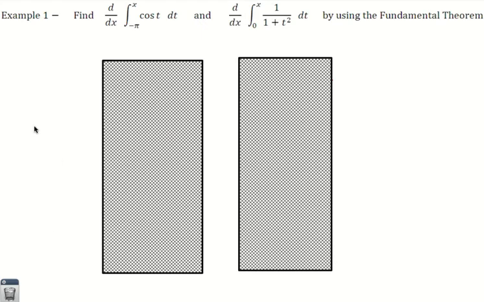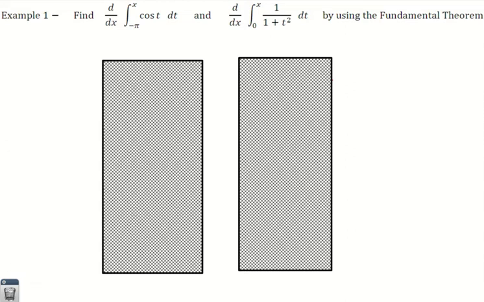And when you're ready, unpause the video, and let's see how this unfolds in actual example problems. As it happens, it's going to be way simpler than you might think.